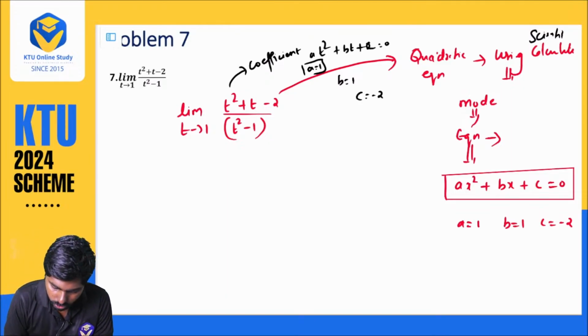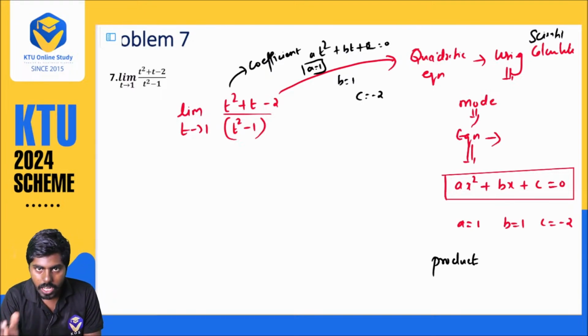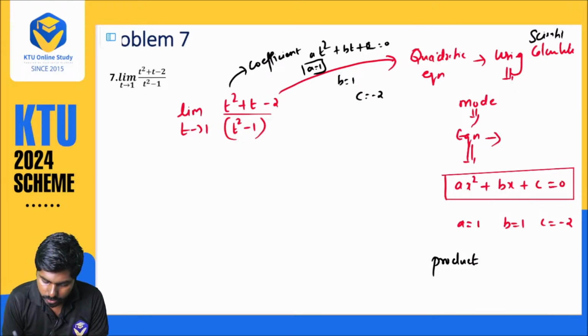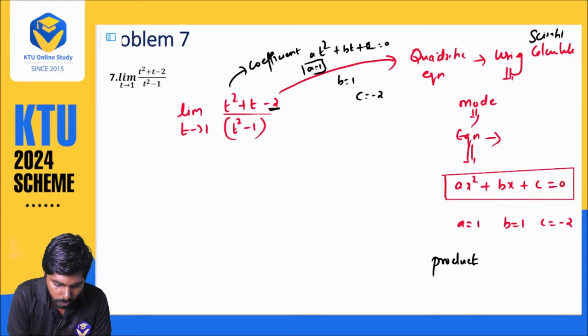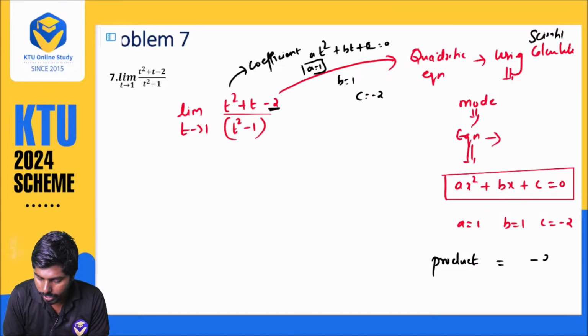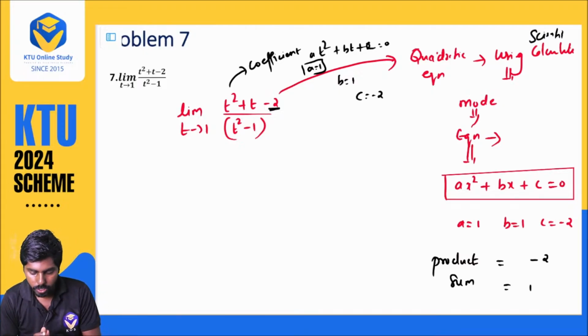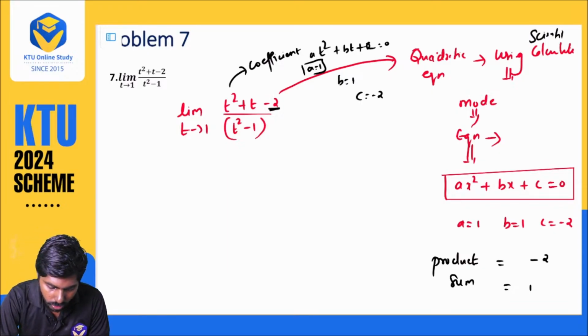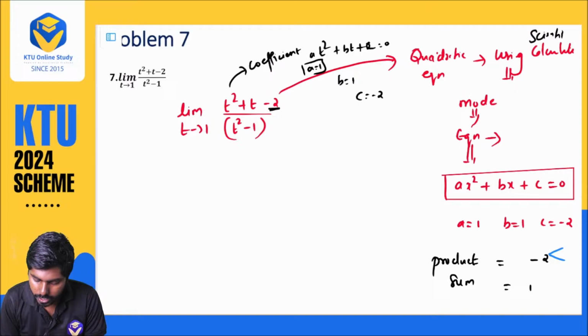Otherwise, an alternative method is there if you do not have a calculator: the product and sum method. The product is minus 2 and the sum is 1. What are the possibilities of multiplication giving 2? Only 2 into 1.